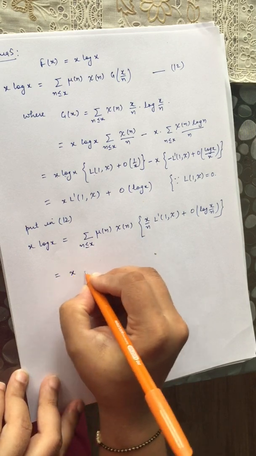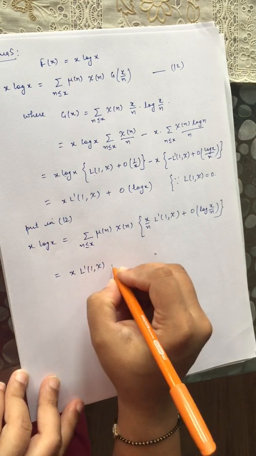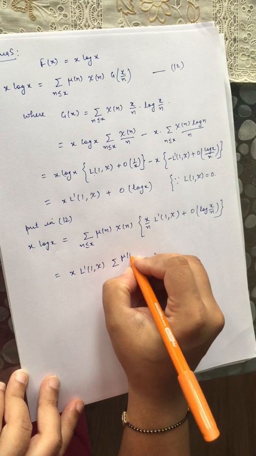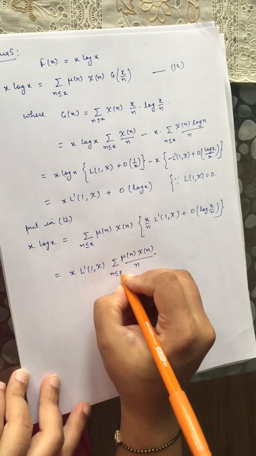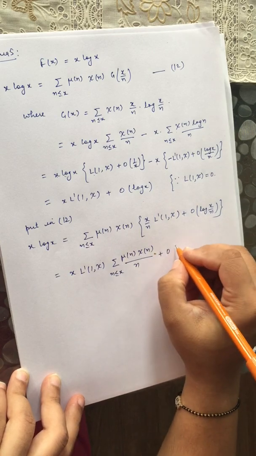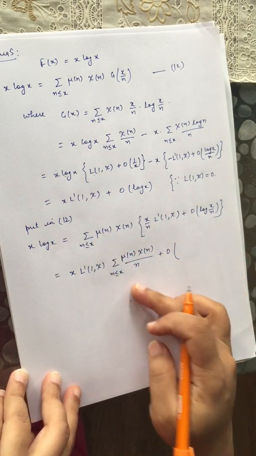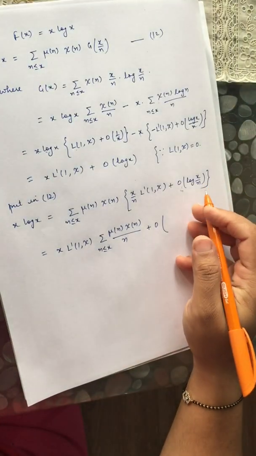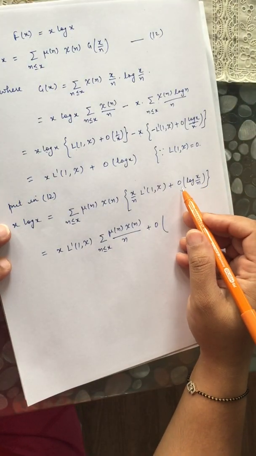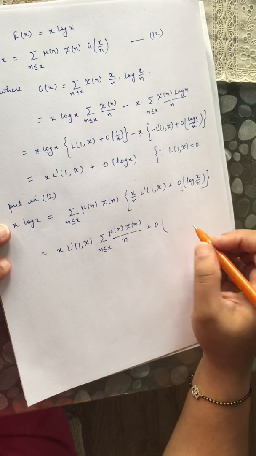So this becomes x L'(1, chi) summation mu(n) chi(n) upon n plus the order term. Again mu(n) chi(n) takes the values less than or equal to 1. So this order term is just order of summation log of x/n.